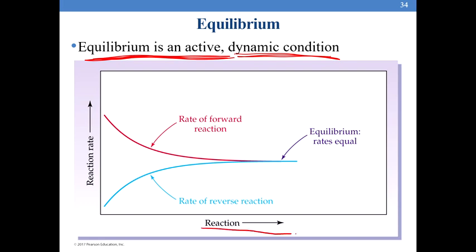So let's look at this graph. We have reaction on the X, just like the previous graph. But this axis is reaction rate, which the previous video talked about. Sometimes you guys get scared of rate, but for rate, you're just thinking about the change in the amount of substance over time.